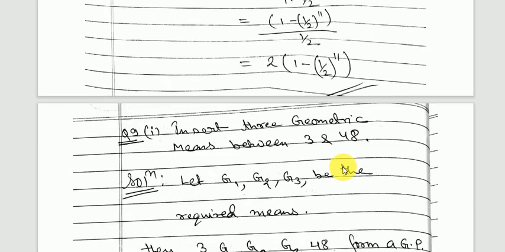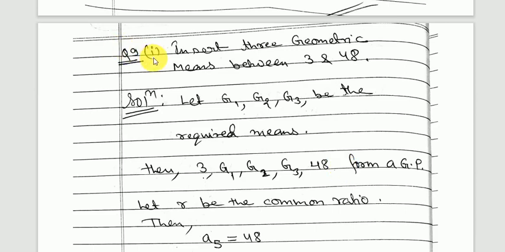Okay, question number 9.1. Insert 3 geometric means between 3 and 48. So two numbers are given to us, 3 and 48, and in between these two we have to insert geometric means. So let the geometric means be denoted as G1, G2, G3, the required means.